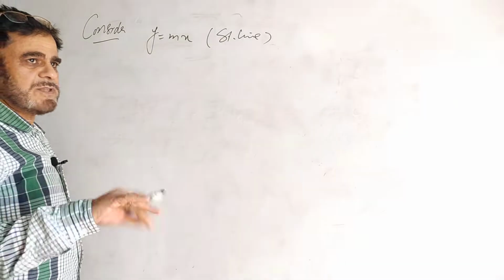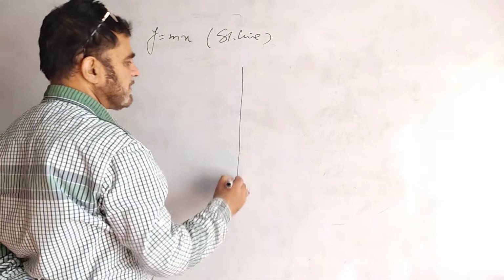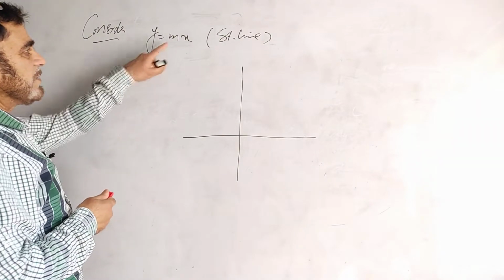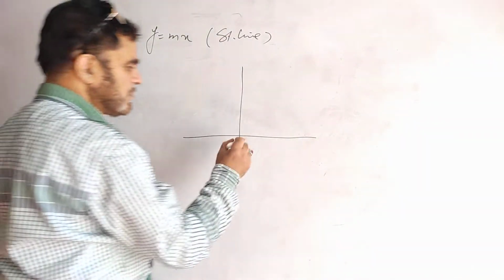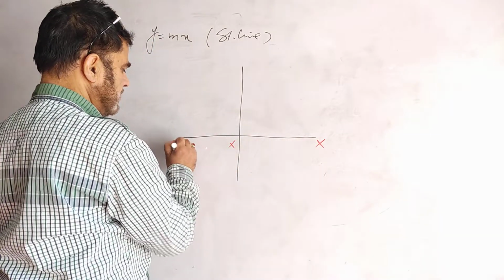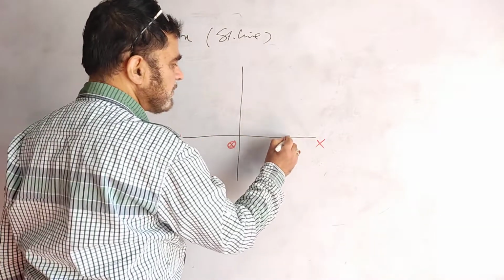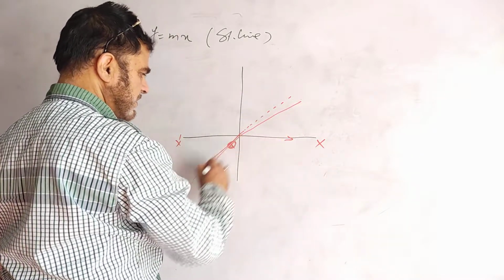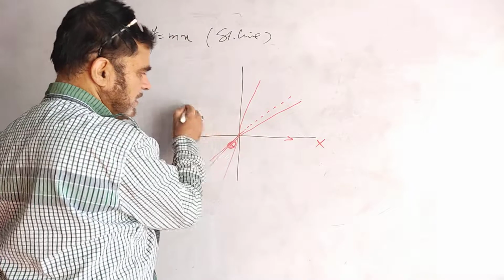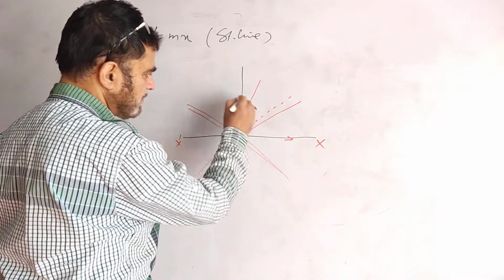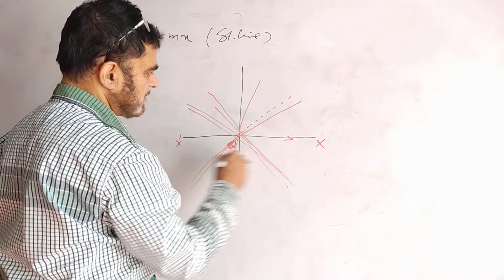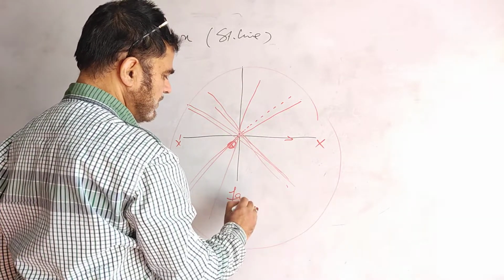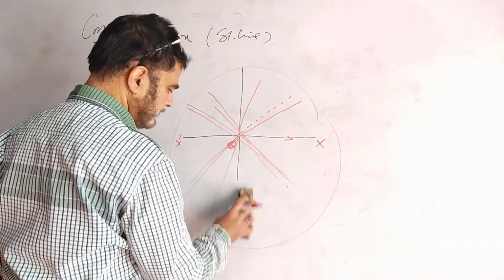If you give different values to m, when you give m0, you will get y0. This will be the equation passing through here, and different equations in this way also. So it represents different equations. It is a family, and these are called members of the family.